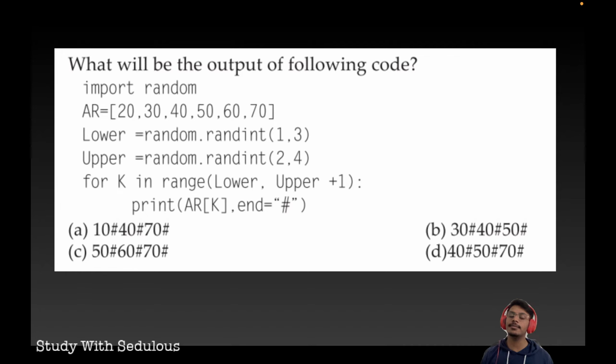But the minimum index is 1. What is number 1? 30. So minimum we have to get is 30. 20 is not a possibility.